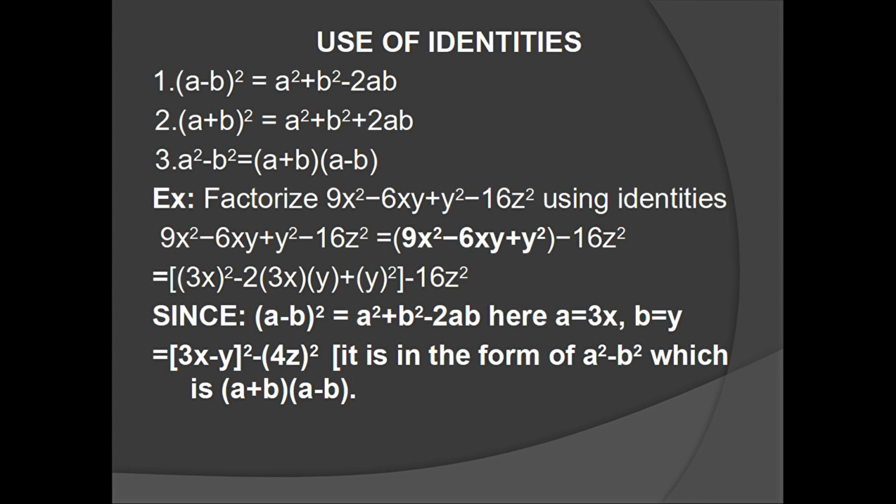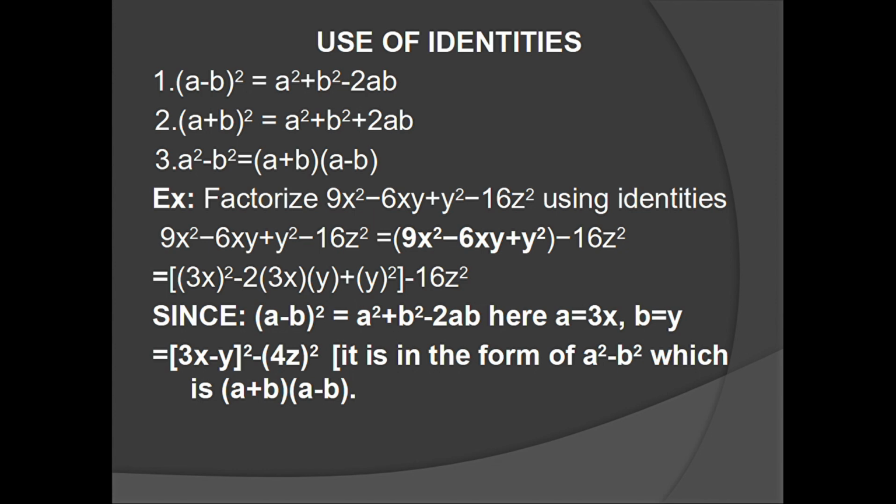So here I am getting a term like a square minus 2ab plus b square. We know that (a minus b) whole square is equal to a square plus b square minus 2ab. So here a is 3x and b is y. So when I substitute in (a minus b) whole square, I get (3x minus y) whole square.